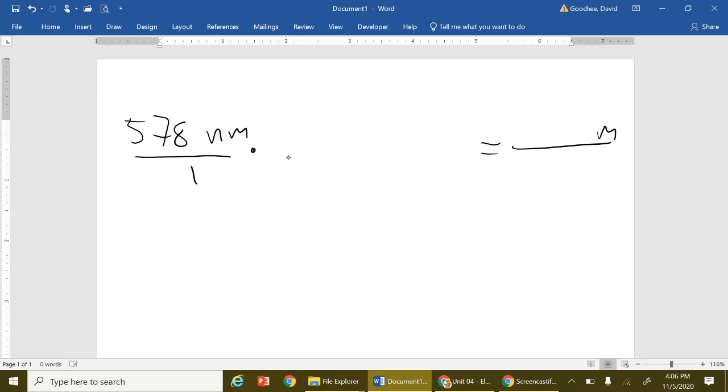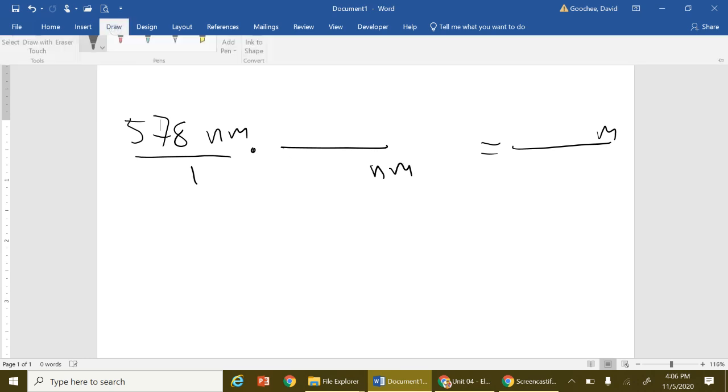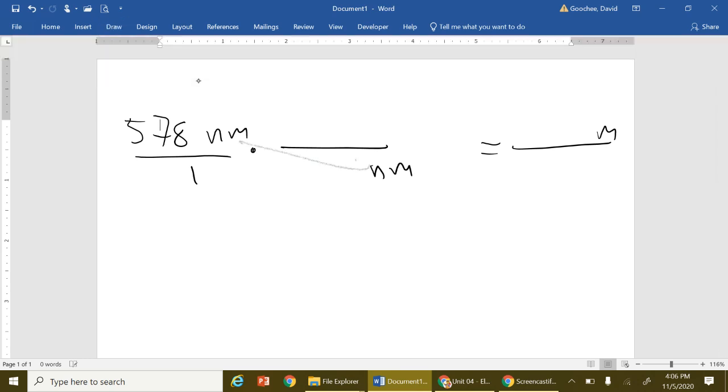Well, remember dimensional analysis, I want to get out of nanometers, so it should go on the bottom. And I want to turn it into meters, which I can. And from the notes, 1 meter equals 1 billion nanometers. I'll just do it as scientific notation because that's easier.